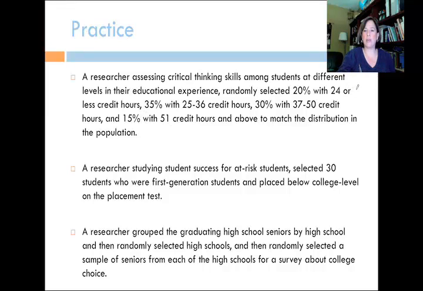Okay, so 20%, let's say the 20% were freshmen, and then 35% were with 25 to 36 credit hours. So this is first semester freshmen, let's say. These folks were sophomores.